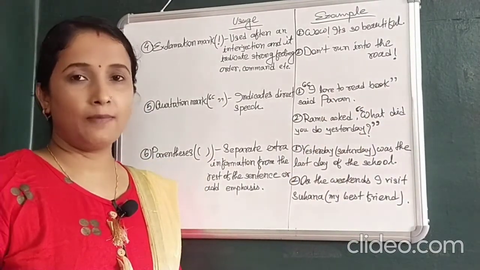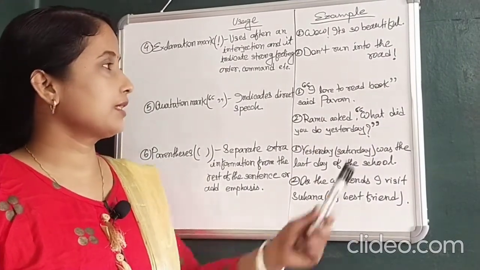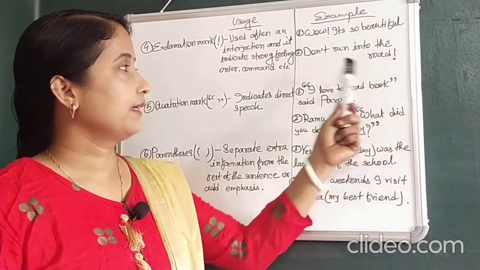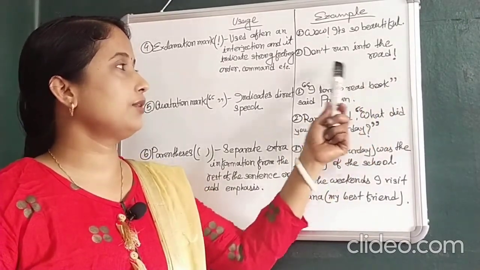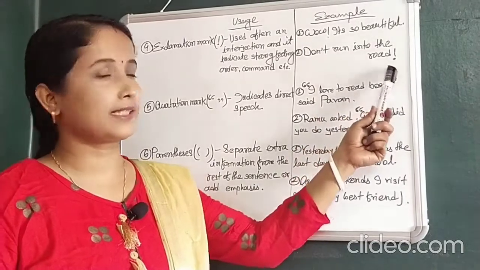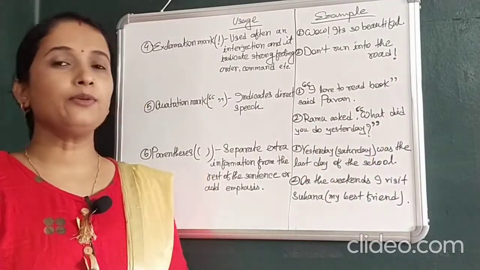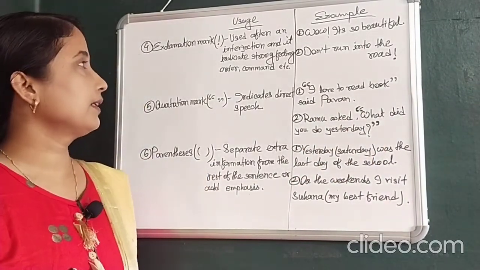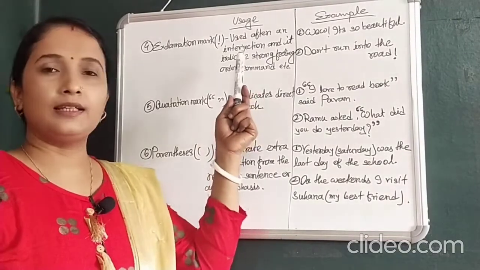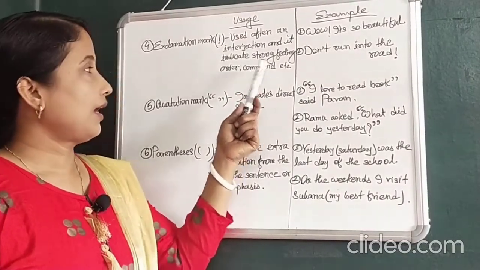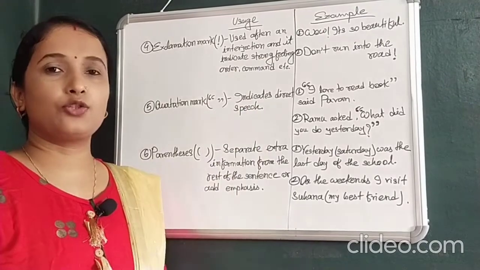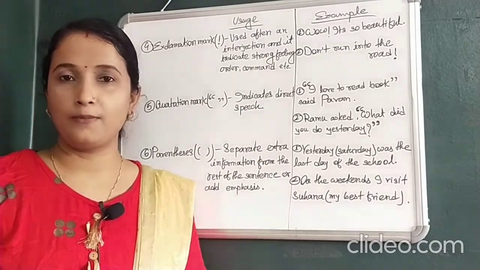It's a command. So we use exclamation mark. So when we use exclamation mark, it is used after an interjection and it also indicates a strong feeling, order, command, etc.